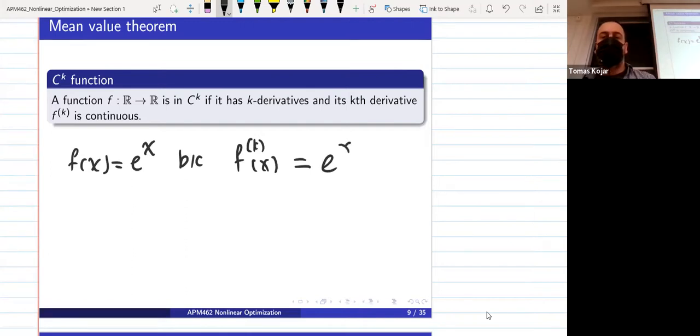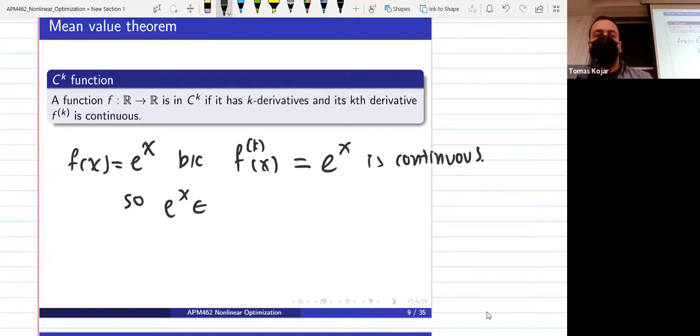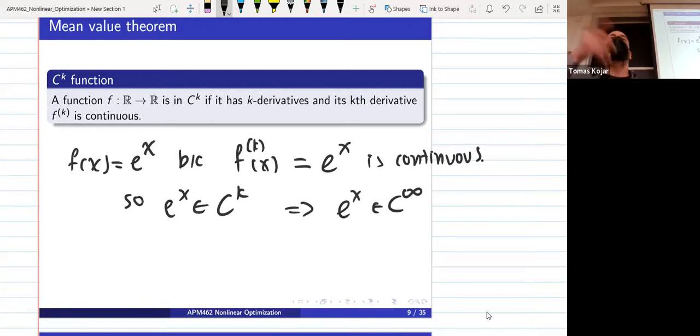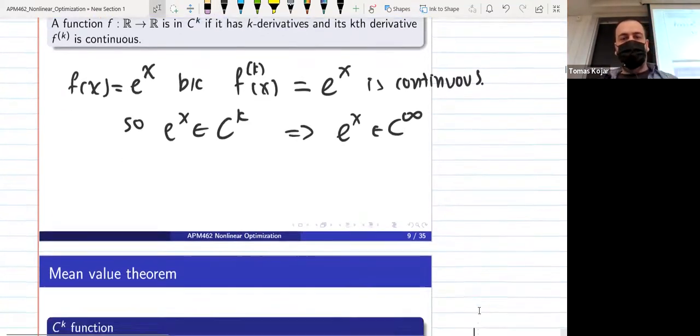Which is continuous. So e to the x is in C^k. In fact, it is in C infinity, right? Because you can keep taking the derivative.